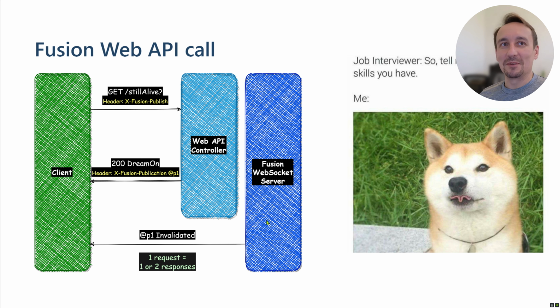Fusion watches for these messages. So it establishes this channel in the background and watches for the messages there, and the computed values it creates on the client, it also invalidates them when it sees the invalidation message, right?